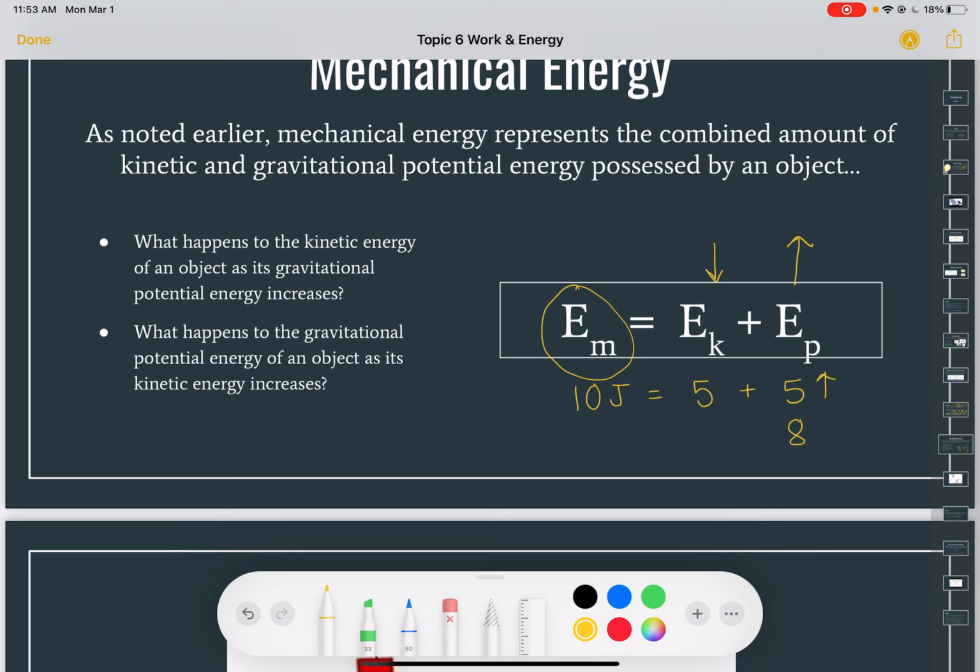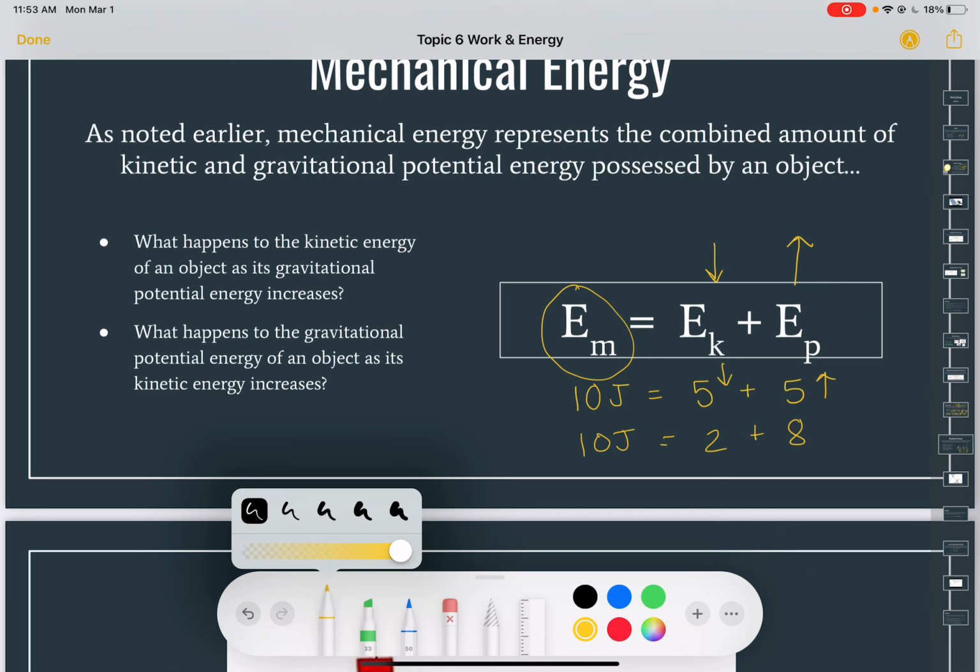Okay? So if that one changes to 8, then in order to keep that 10 joules, which I'm just making up, this one would have to go to 2, right? So whenever we change one, the other one will go up or down depending on if we're increasing or decreasing.